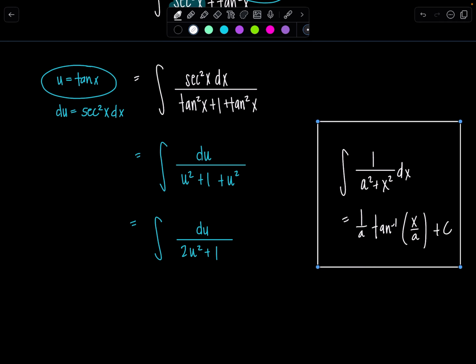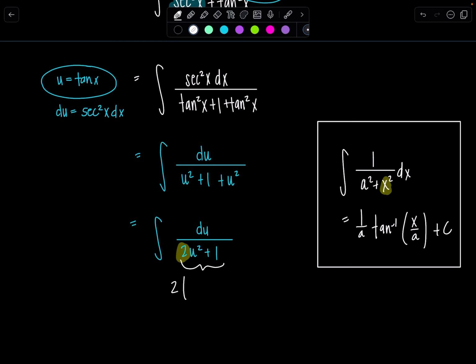Okay. However, things are a little funky because if you notice, in this case, we have a 2 in front of the variable quantity squared, and that's not how we have it in the formula here. So you could do a whole other substitution, but the cleanest way is just to factor that 2 out of the denominator. So what do I mean?